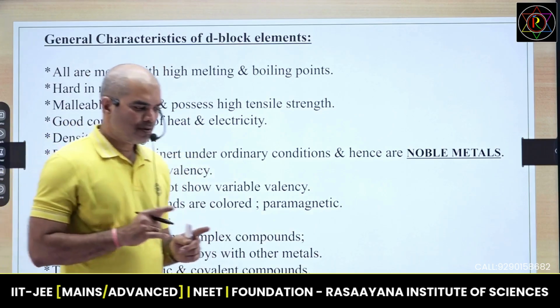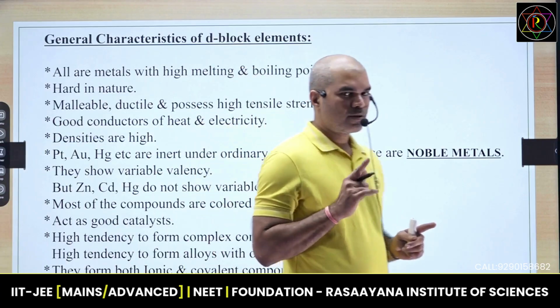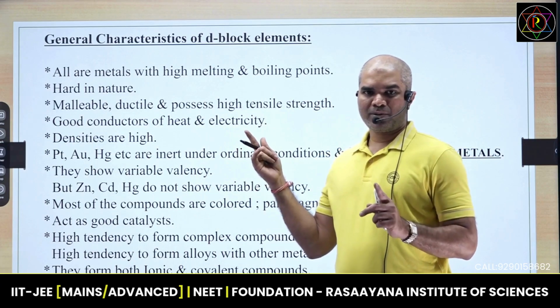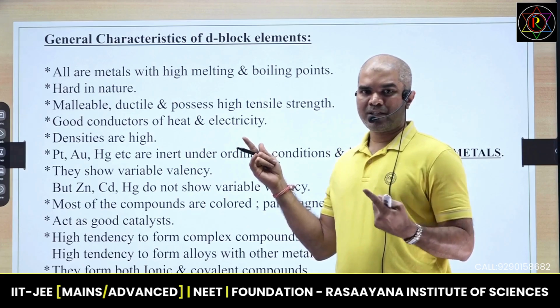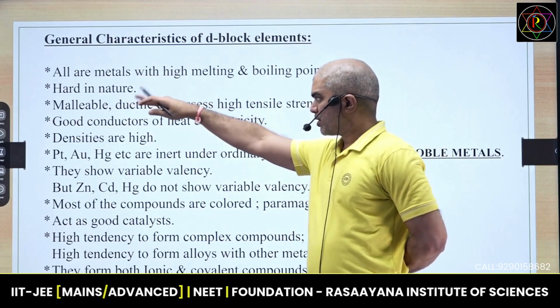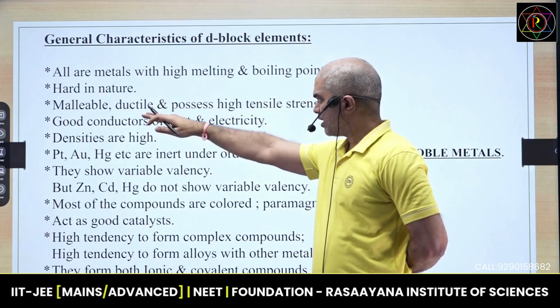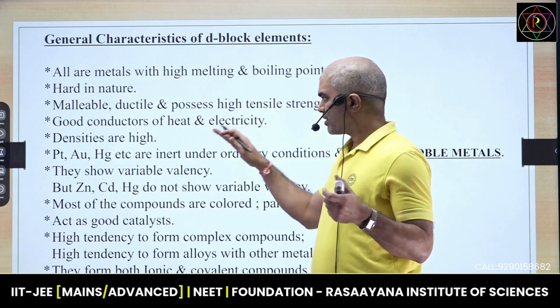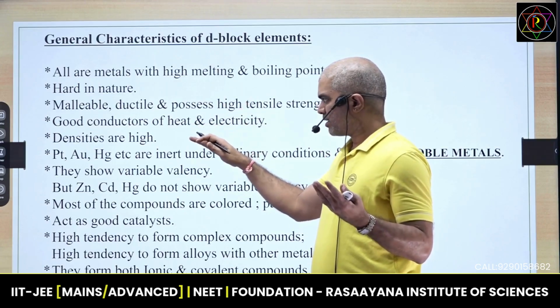And when it comes to electropositivity, they are not as electropositive as S block elements. They are electropositive, but not as much as the S block elements. These are hard in nature, malleable and ductile, because we can easily convert them into wires and sheets. Good conductors of heat and electricity.